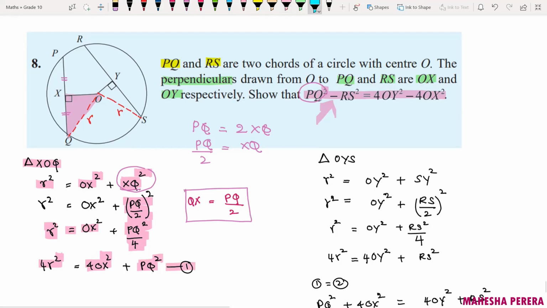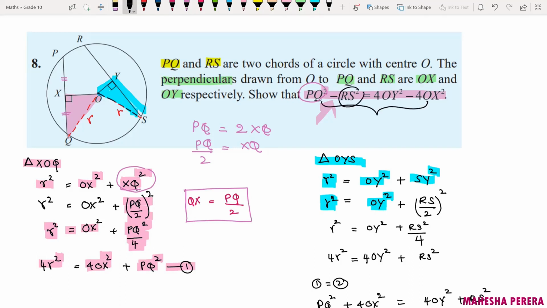Then let's apply the Pythagoras theorem to the other right angle triangle, triangle OYS. R squared equals this side OY squared plus this side SY squared. Now this SY is not in the equation we have to prove, but we have RS.